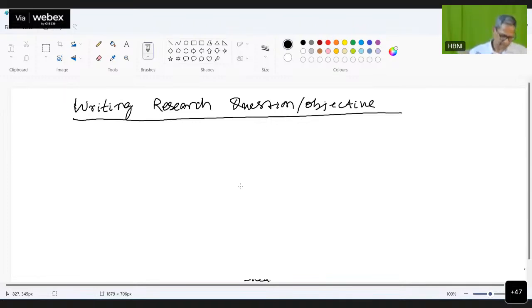If you are not doing that, then there is a problem. It is very important that you write correct research questions. Your research question has to be consistent with the expected standard of your topic, or your research standard, and your research question should be able to produce clear conclusions.